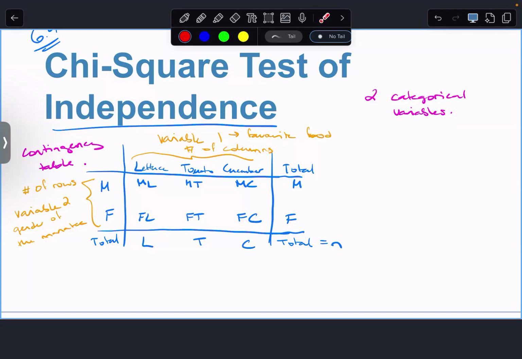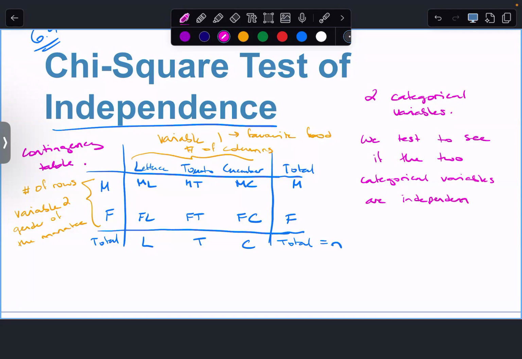What we want to know, the chi-squared test of independence is going to test whether the gender of the manatee is independent of what their favorite food is. So the test of independence is going to test, are these two categorical variables independent of each other?